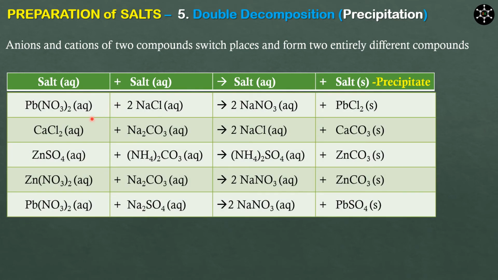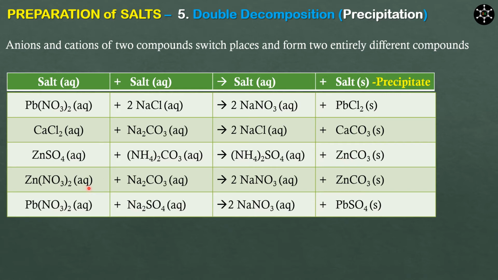Examples: when lead nitrate solution is treated with sodium chloride solution, it forms sodium nitrate solution and lead chloride precipitate. When calcium chloride and sodium carbonate solutions are put together, it forms sodium chloride solution and calcium carbonate precipitate. Similarly, zinc sulfate solution put with ammonium carbonate solution gives ammonium sulfate solution and zinc carbonate precipitate.